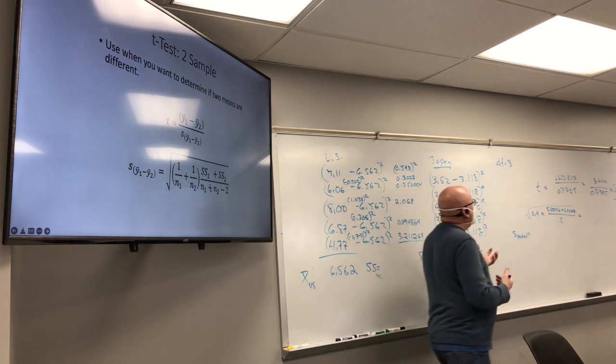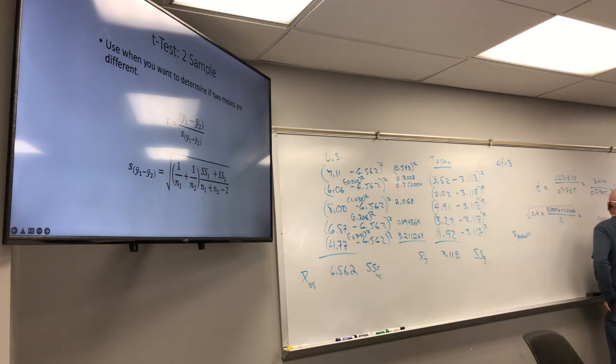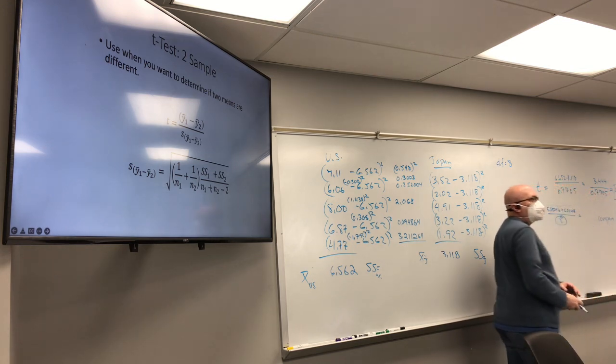So we have this t statistic now, and we have to compare that to the t critical value, which in this case will be at an alpha level of 0.05, and it will be with degrees of freedom equals to 8. And the degrees of freedom you've already calculated, it appears right here.